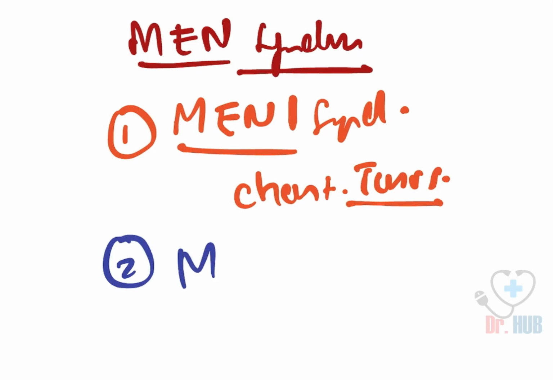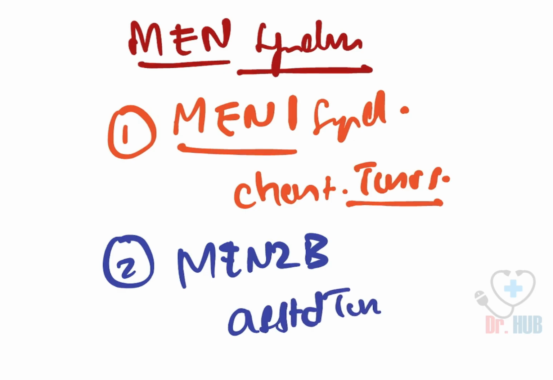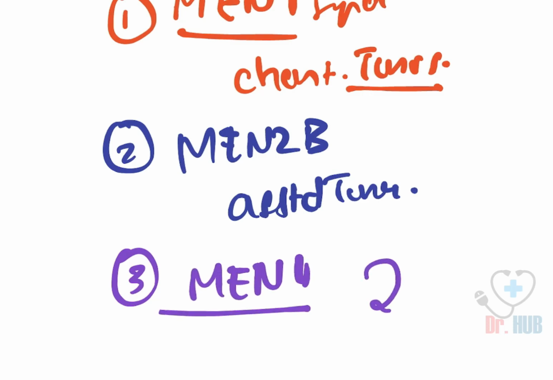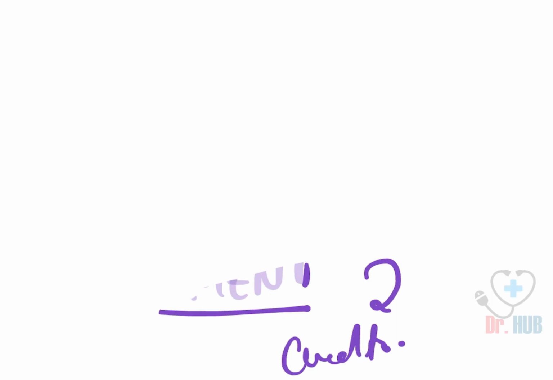Next one being, in case of MEN 2B, what are the associated tumors? And next, in case of the MEN 4, what are the associated conditions? So by the end of the video, we'll be discussing all the answers.